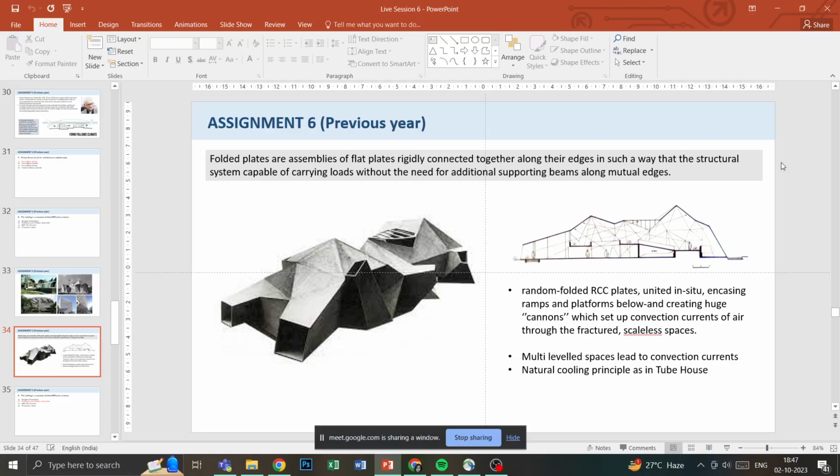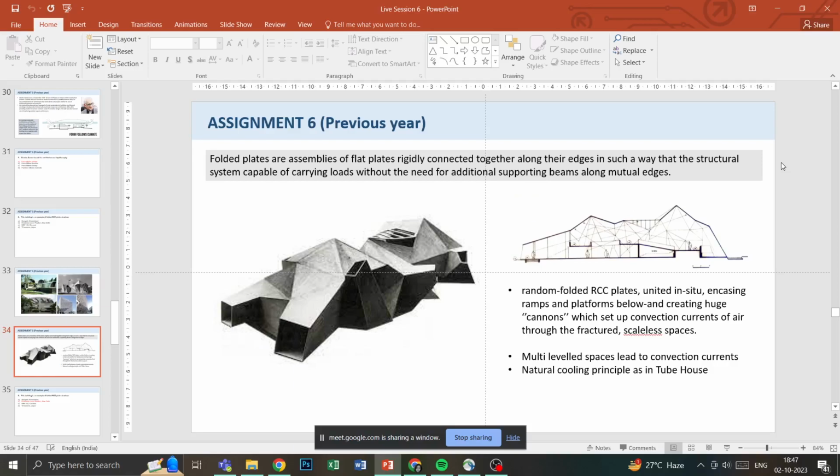In folded plate structures, concrete plates are rigidly connected together along their edges, so that the structural system ends up carrying loads and does not need any additional supporting beams along the mutual edges.